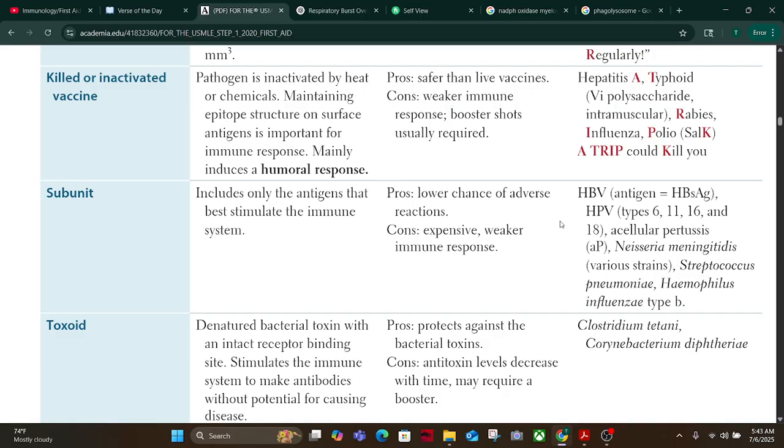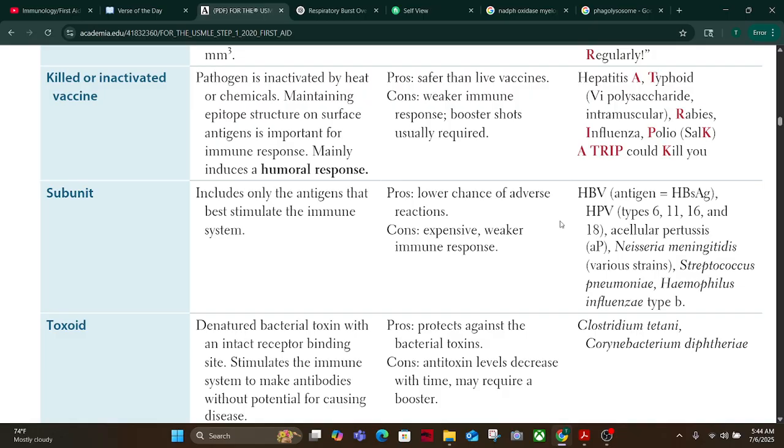Now what happens when you get vaccinated with hepatitis B is that the hepatitis B vaccine contains HBs antigen, and when injected, the body makes antibodies against HBs antigen, and these are called anti-HBs.